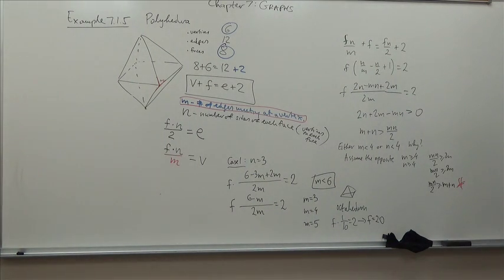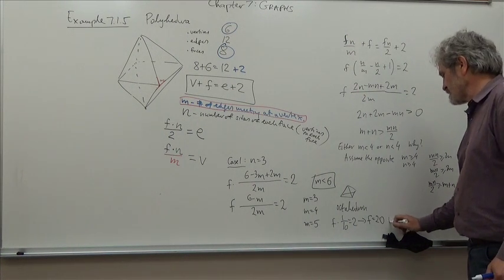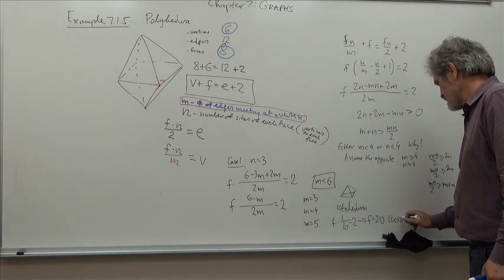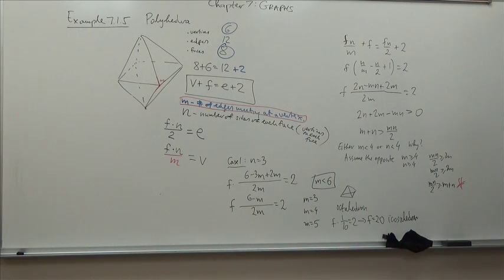So if F equals 20, that means that we have 20 faces, and that shape is called icosahedron, because icos is 20 in Greek. I'm not going to draw it because it's quite an elaborate drawing, but anyway, here are the possible cases if we have only triangles on the side.